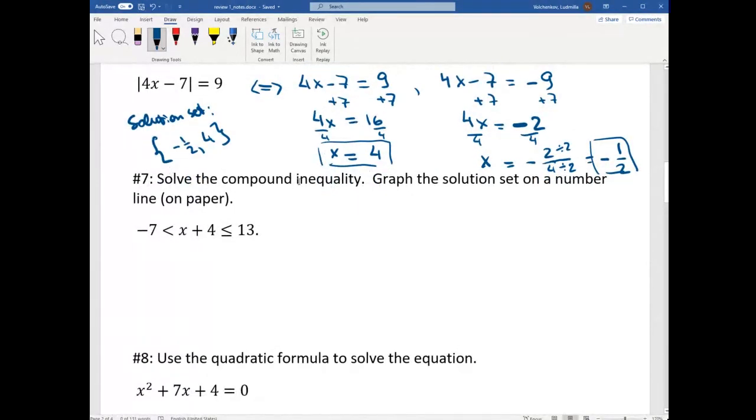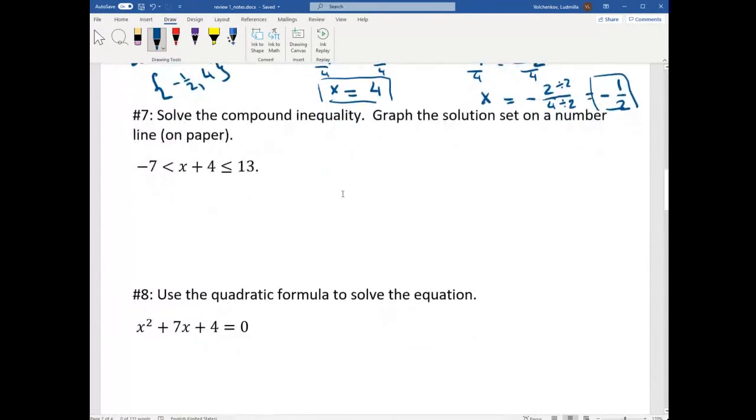Okay, a compound inequality. So we have x in the middle, so we will isolate x in the middle. To isolate x, let us subtract 4 from each of the 3 parts of the inequality.